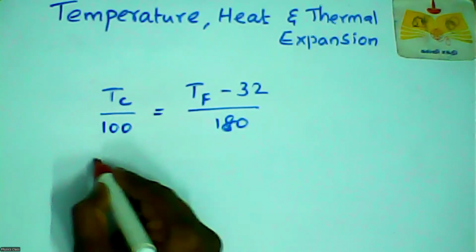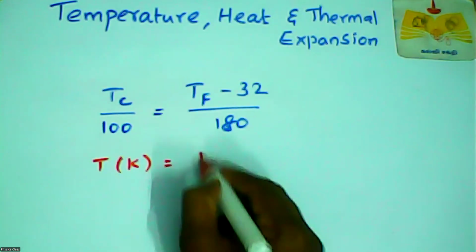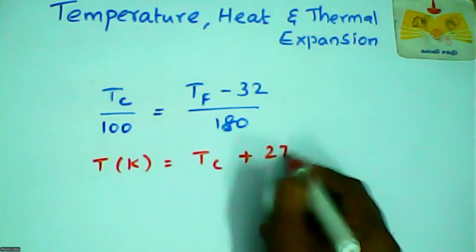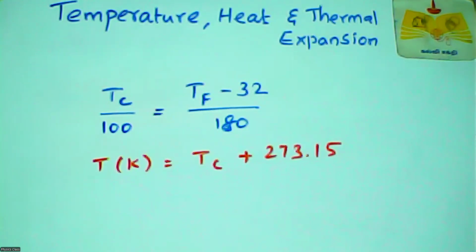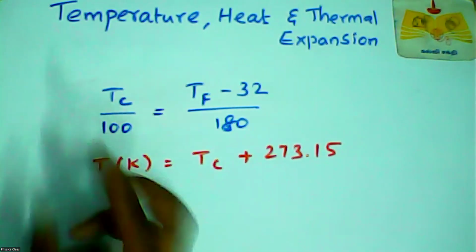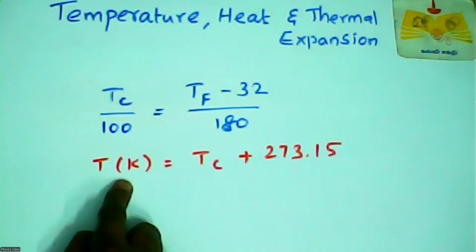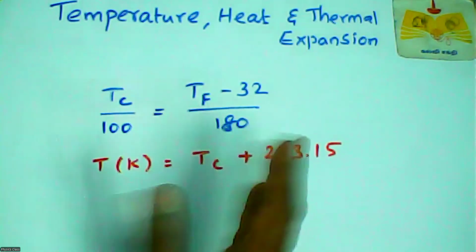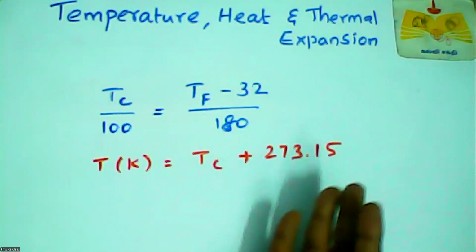This is a conversion formula you need to note down. And in terms of Kelvin, just add 273.15. So there are three scales: Celsius scale, Fahrenheit scale, Kelvin scale. Suppose you have the temperature in Celsius, you just add 273.15 to get the Kelvin scale.